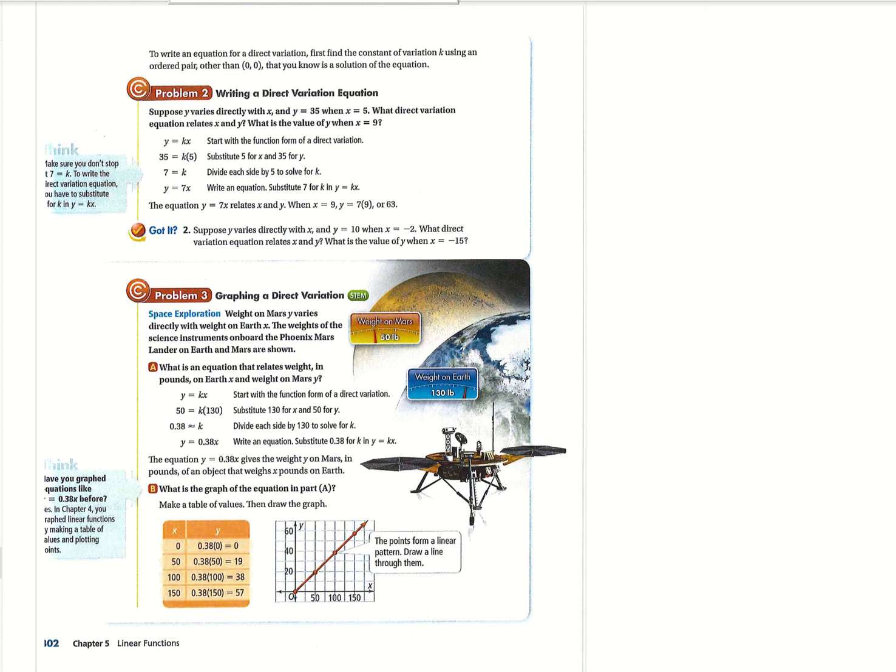Since we know that it's direct variation, because it says y varies directly with x, we can start with y equals k times x. Then we can plug in our y and our x, which are given to us. So y equals 35, and x equals 5.